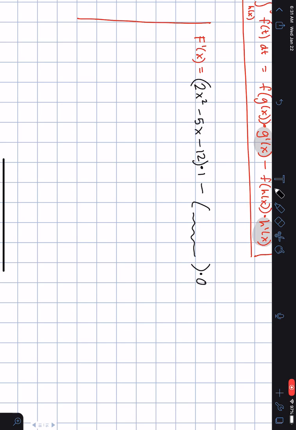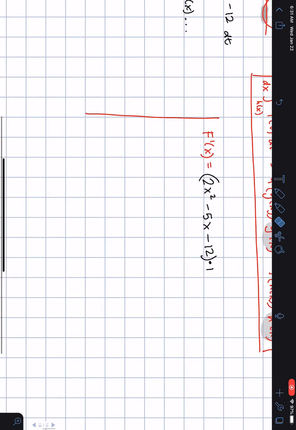And so we discussed this before. When one of our limits is a constant, then that portion is just going to be 0. So we're just going to write minus 0. So essentially, big F prime of x is just 2x squared minus 5x minus 12.